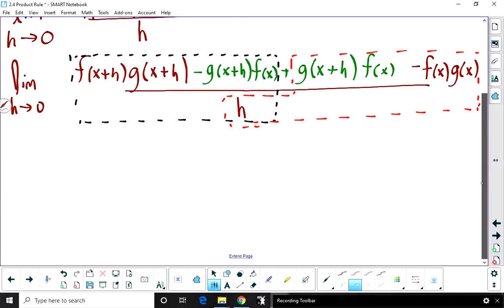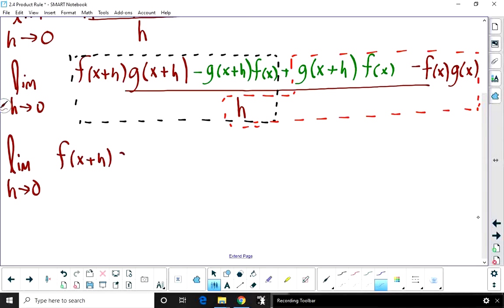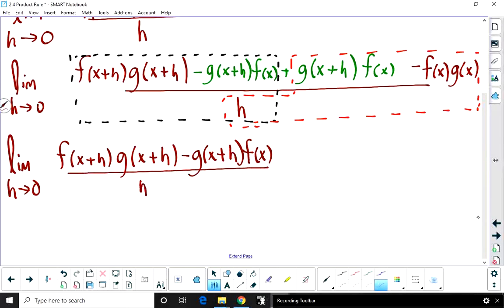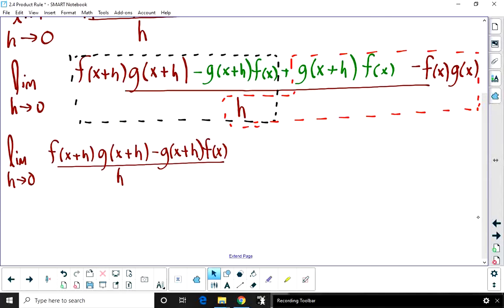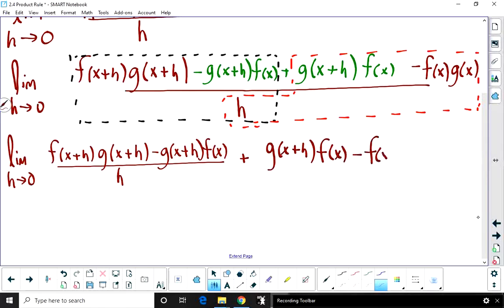So what I'm going to get is the limit as h approaches 0 of f of x plus h g of x plus h minus g of x plus h f of x all over h plus g of x plus h f of x minus f of x g of x all over h.